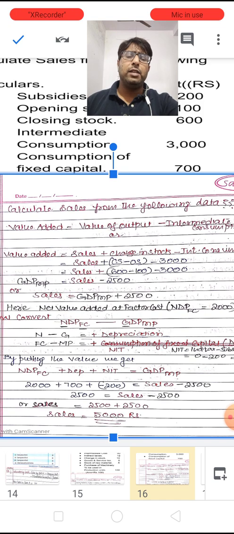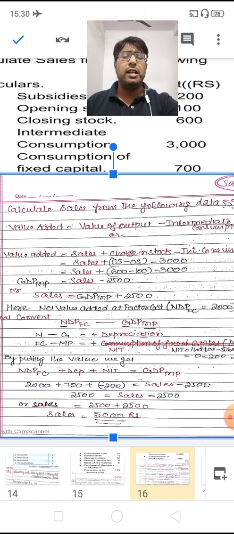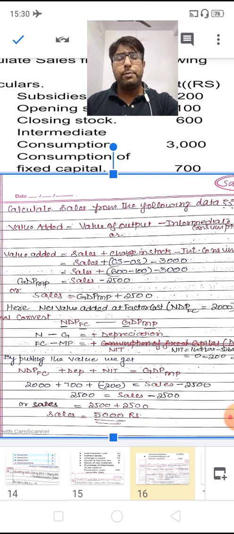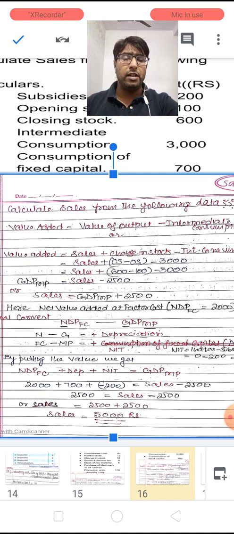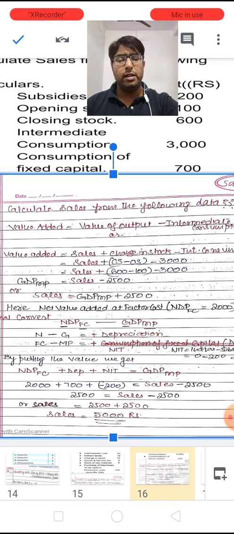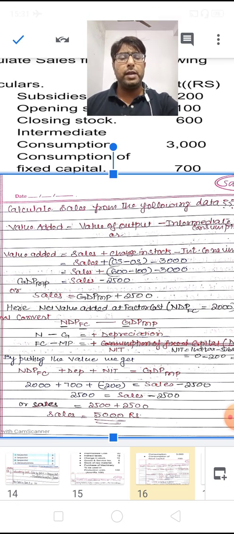We add this depreciation and NIT with NDPFC, and it is always equal to GDPMP. So by putting the values, NDPFC is 2000, depreciation is 700, and the value of net indirect tax is minus 200, and it is equal to the value of GDP itself, which is sales minus 2500. So in place of GDPMP I have written sales minus 2500.